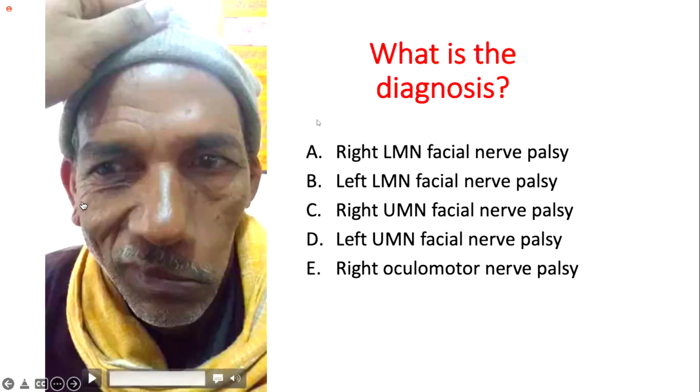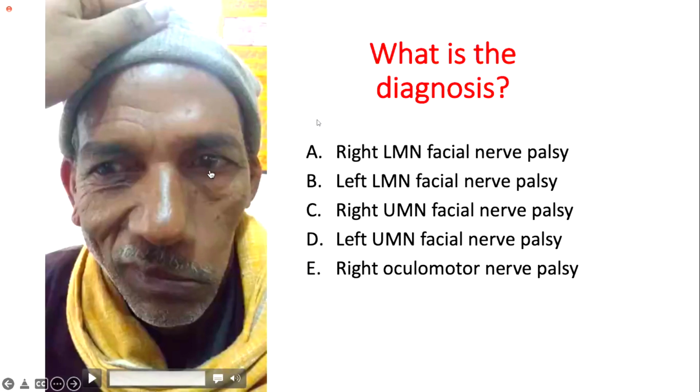Face is deviated to the right side. Okay, so the lesion is on the left side, obviously. If you look at the forehead wrinkling, there is no wrinkling on this side. Now someone was saying the previous one was bilateral facial because the eyes can't close.